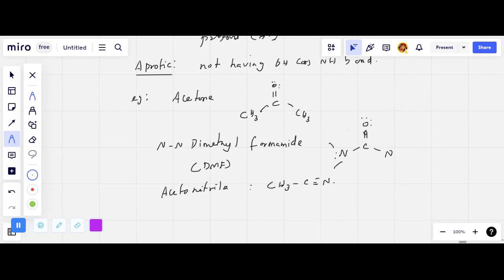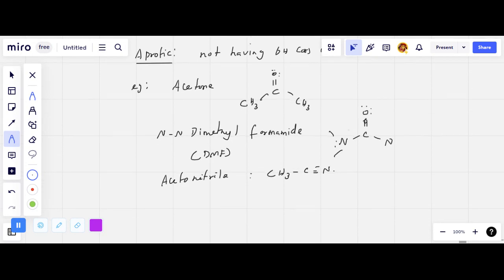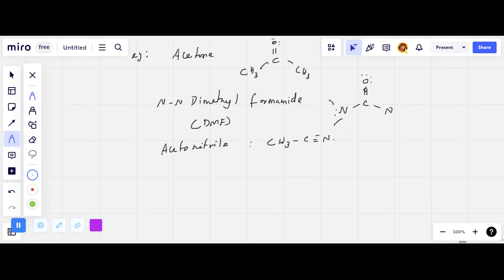Okay, so polar solvents, protic and aprotic, we have seen. Then the second type of solvent is non-polar. Non-polar means the bonds between atoms with similar electronegativity.